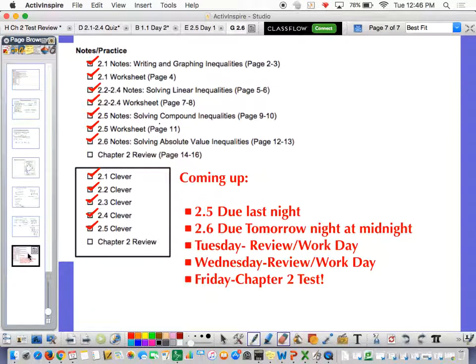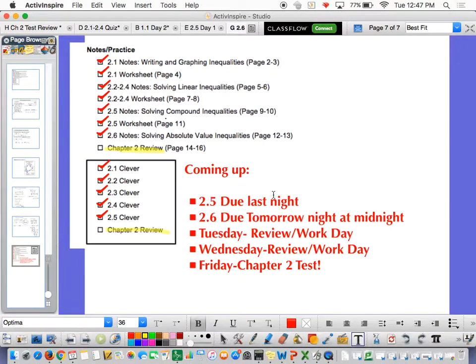Okay, so let's talk about things in life now. These are all the things that you should have completed. Keep in mind, I've already talked about this a little bit with some of you, but this chapter 2 review, okay, and this review right here, those are two different reviews, okay? They're two different things. There is also, I forgot to put this on your checklist, so you need to add it, please, okay?